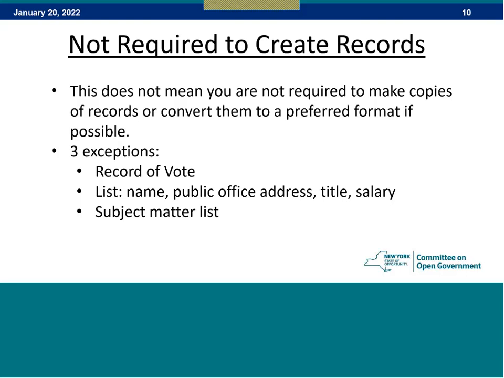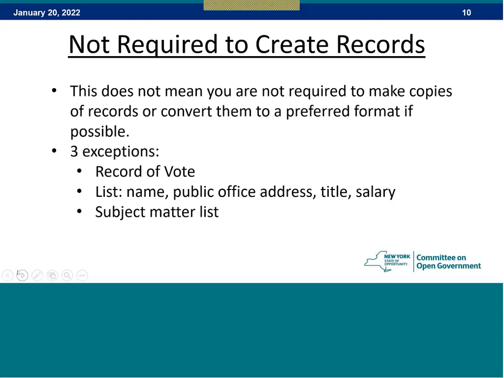A lot of times that information is contained in the minutes because, of course, that's the simplest way to maintain that information. If the minutes reflect that the vote was unanimous, that's sufficient because that shows how every member voted. But if there's some sort of split, like it's 3-2, for example, there has to be some record, and again, it doesn't have to be in the minutes, it just makes sense that it is, that there has to be a record of who voted in favor and who voted against.